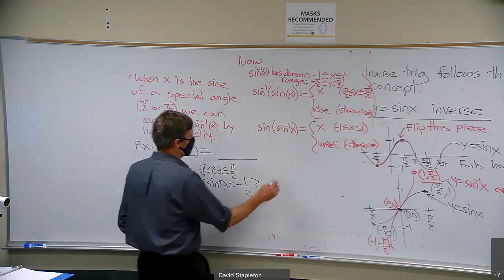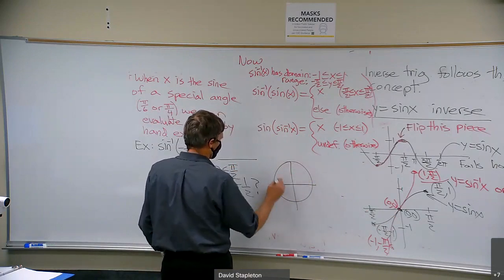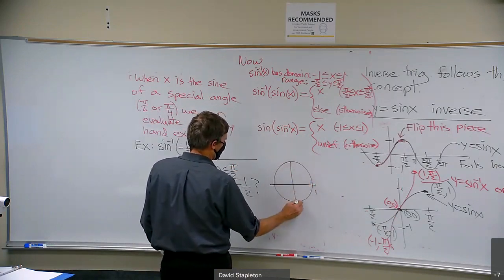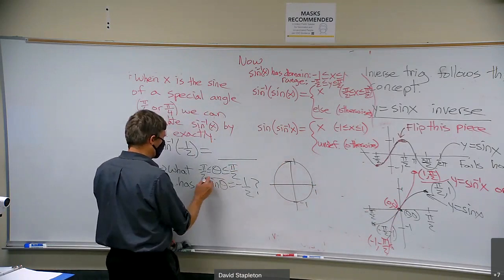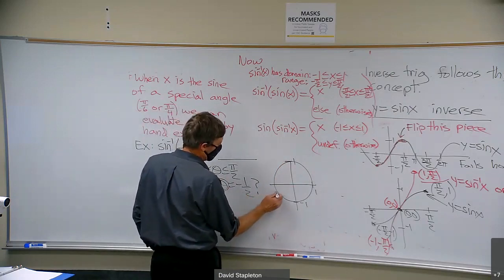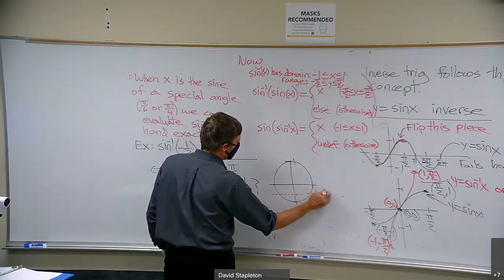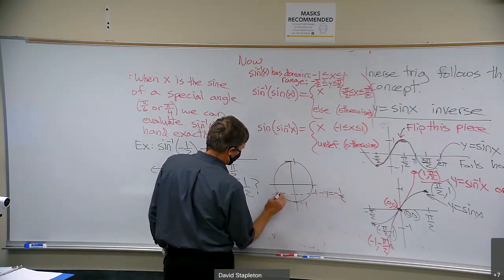So you can use the unit circle just like we did previously. Here's the unit circle, -1, 1. If I want sine theta equal to minus a half, that's the y coordinate, so I go down to minus a half here. Find all the points on the unit circle that have that y coordinate.